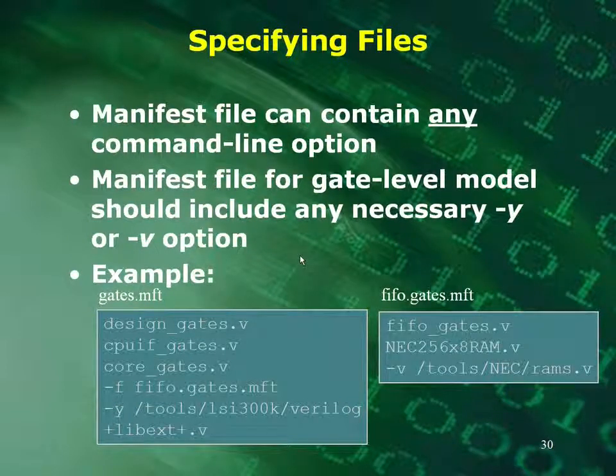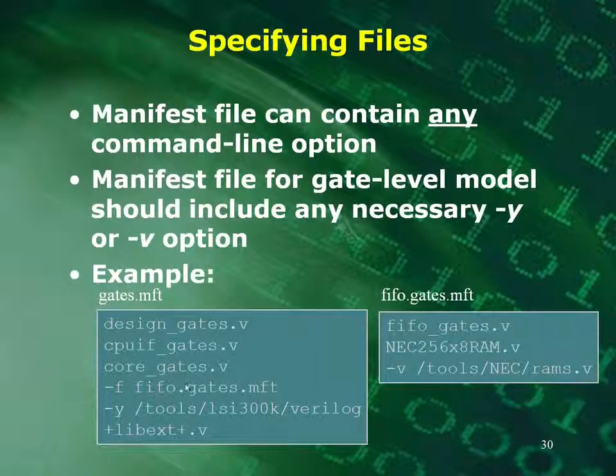The manifest file can contain any command line option. The manifest file for gate level models should include any necessary -y or -v options. So here's just an example of using the different options within the file, and you can look at this and play with some of that.